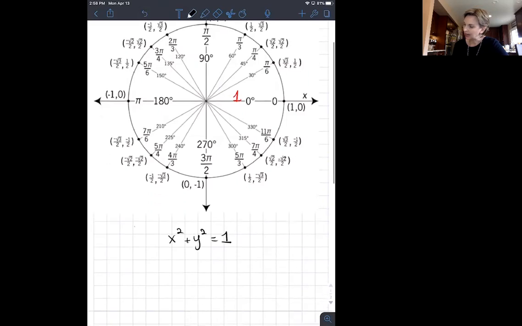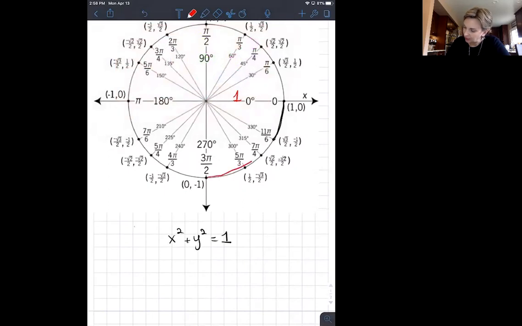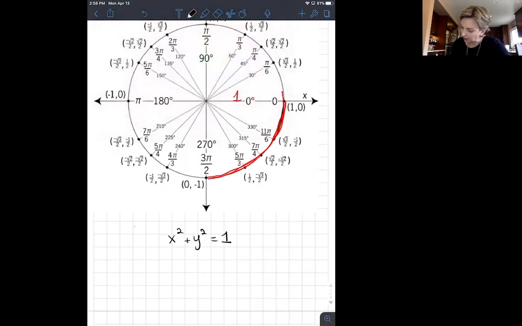So let's say we're asked to come up with a point that is somewhere on the unit circle, and we want to figure out what the coordinate is for that point. Let's say we're given one of the coordinates, the x or the y.